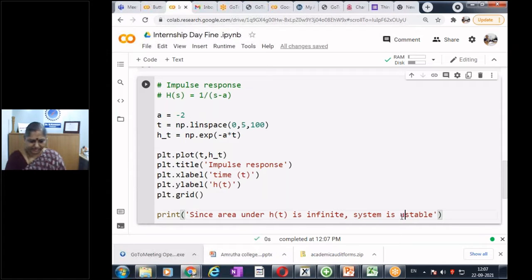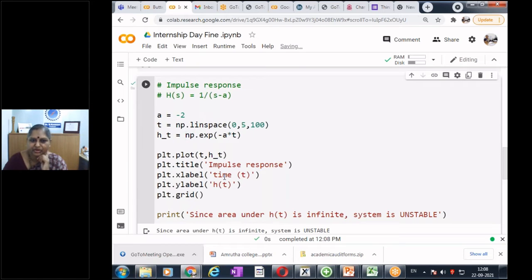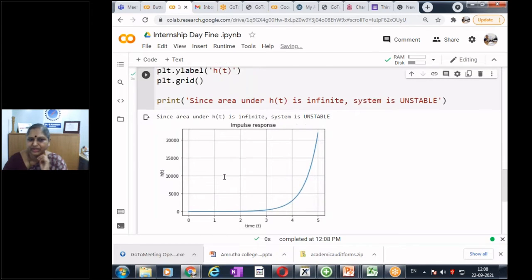I can write it as: system is unstable. So this will serve as a ready reference for you later on. So I run it, and then I plot and see it goes on increasing, so it's going to be unstable.